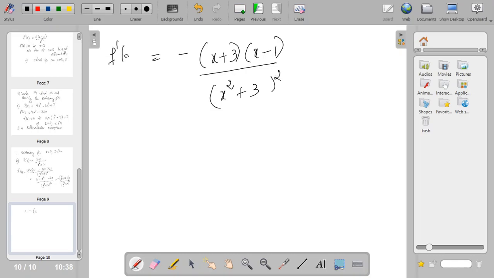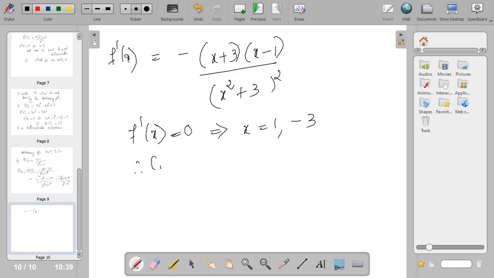So that is f dash of x, and for all x values your denominator cannot be 0. x square plus 3 is always positive, so the denominator is never 0 for any real number x. So therefore f dash of x equal to 0 implies x is equal to 1 or minus 3.